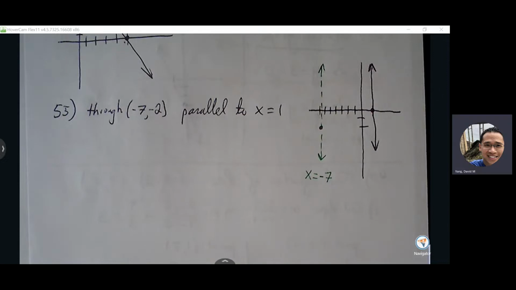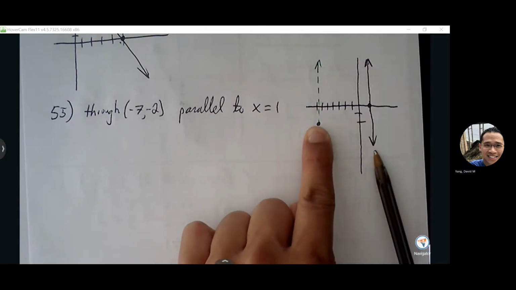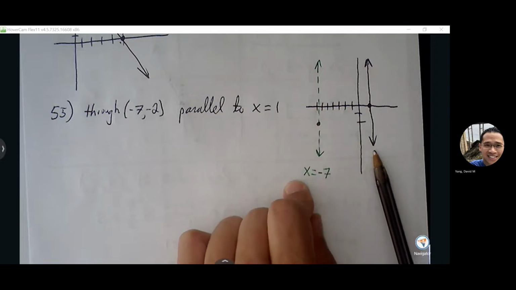The second part is saying, what if we want a line that goes through this point, but is perpendicular to the second line? Make it what?